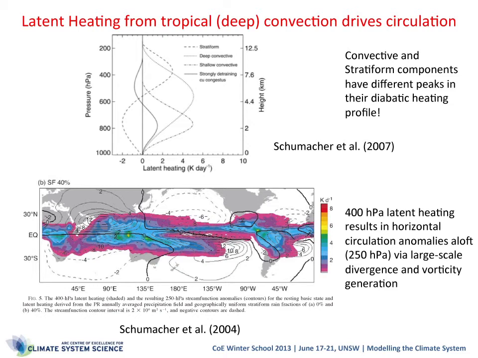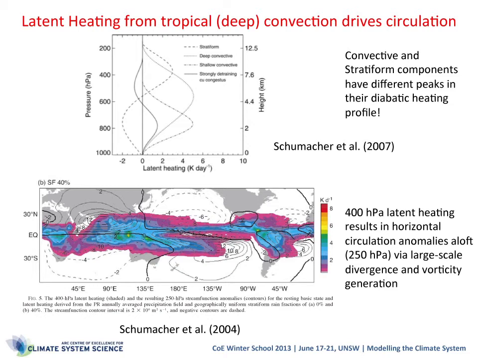In the tropics, here we've got a plot from Schumacher and others. Basically, in the tropics, the stratiform fraction is about 40% in the mean, and they give you a horizontal circulation anomaly response, which drives the circulation aloft at around 250 hectopascals.